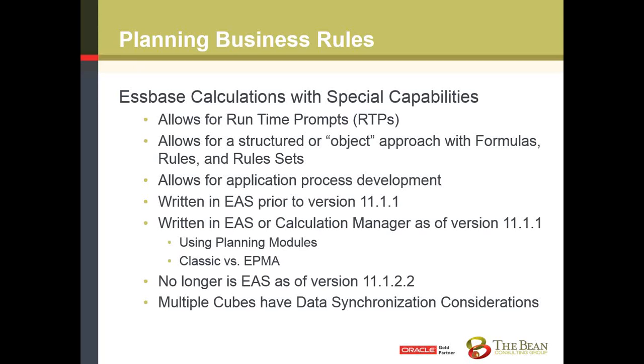Your option was limited a little bit depending on whether you chose to use Classic or EPMA for your application builds, and whether or not you were using some of the planning modules that Oracle provides with Planning. But as of version 11.1.2.2, EAS is no longer supported for business rules. All business rules are done in Calculation Manager now.